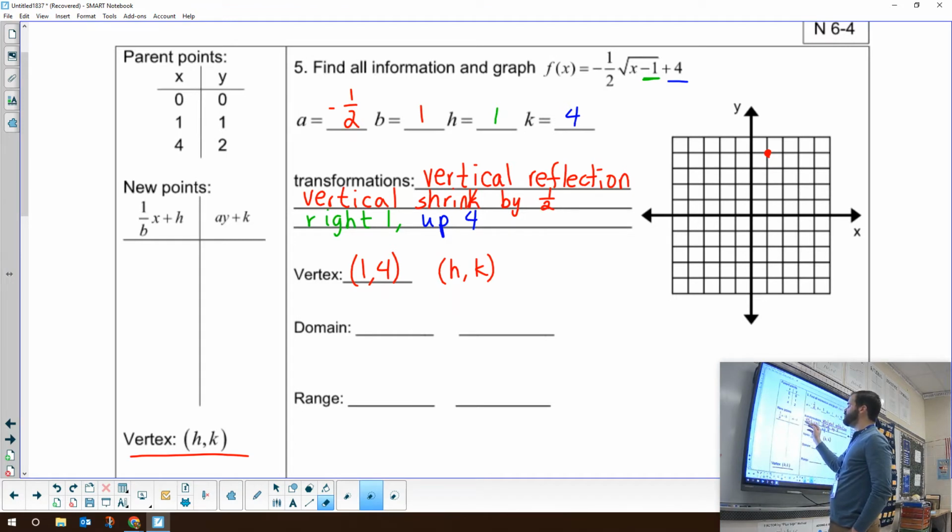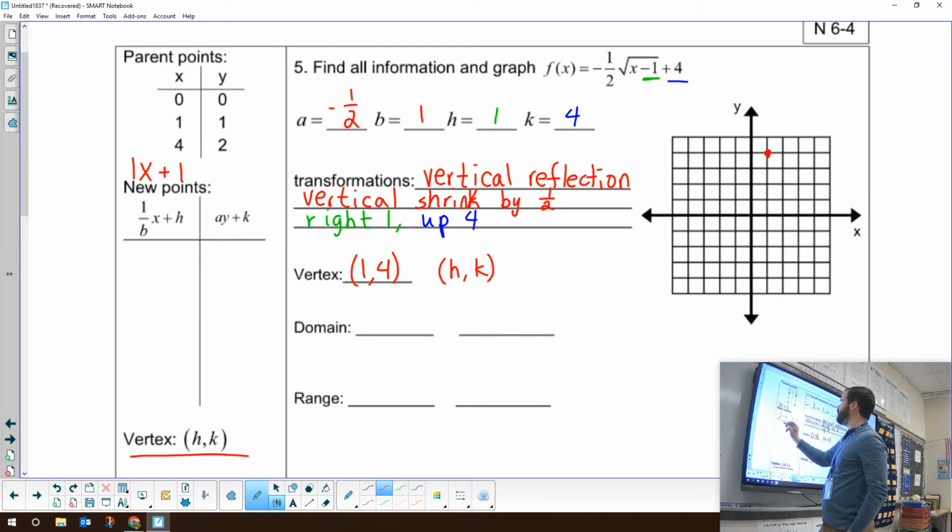We go a times y plus k, that gives you your new y's. So since my b is 1, we're going to go 1 over 1x. But 1 over 1 is just 1, so we're going to go 1x plus h. Well, my h is 1, so we're going to go plus 1. So we're just going to be adding 1 to each of my x's.